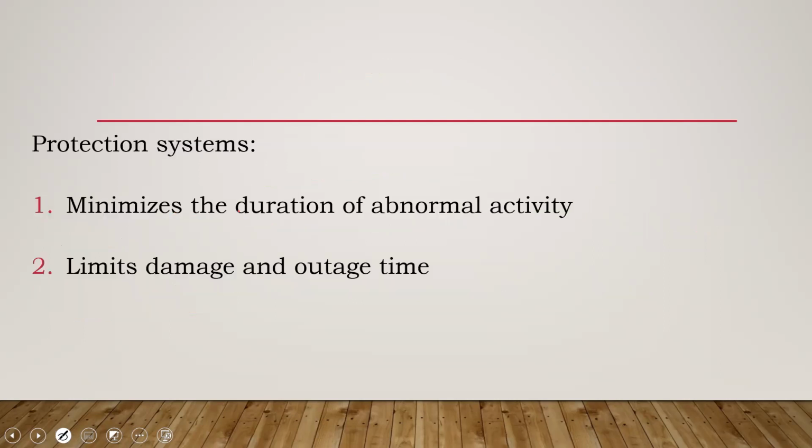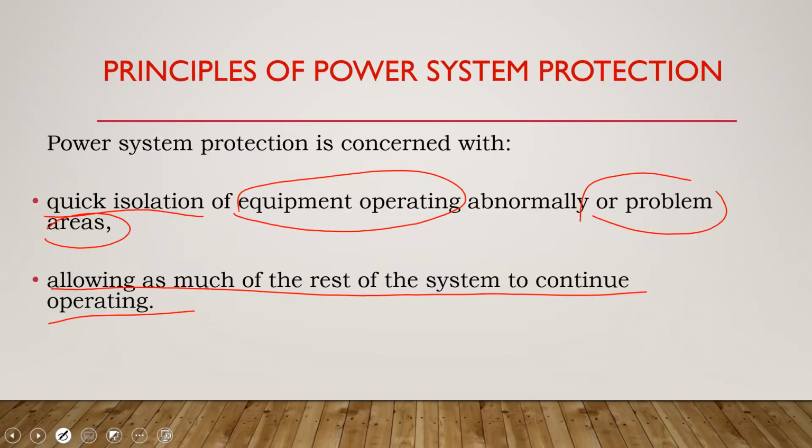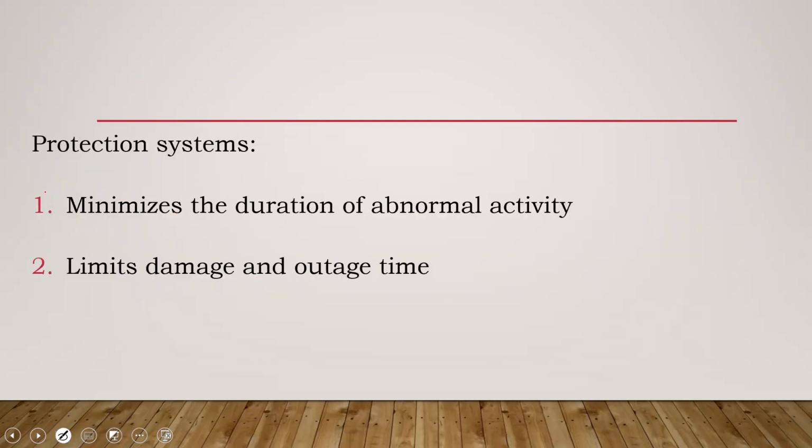All right. Yes, so the protection system, firstly, wishes to minimize the duration of the abnormal activity. Because the longer the fault exists, the longer the fault stays on the system, the higher the potential damage that can occur. So the key of quick isolation, very, very important, right?